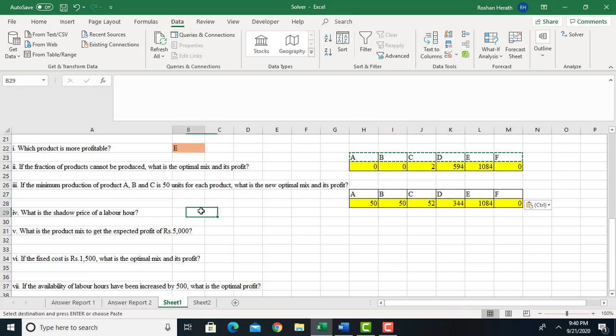Shadow price of labor hour. What is that? What do you mean by shadow price? Shadow price means that what is the maximum price that you are ready to pay in order to acquire 1 unit of the specified resource. Specified resource, especially it is a binding constraint.